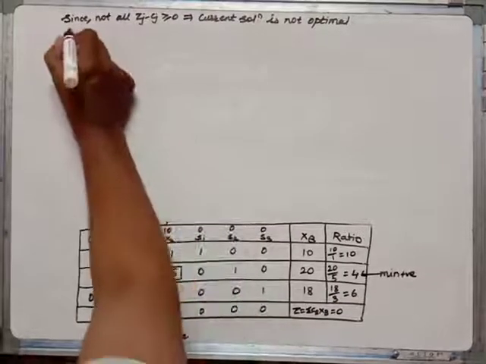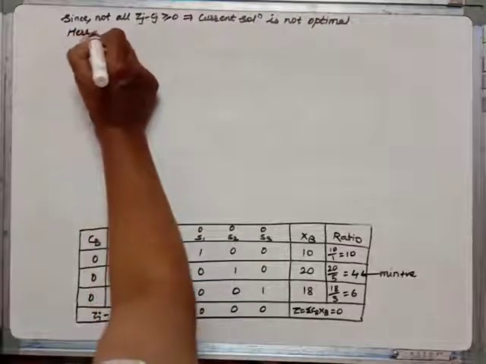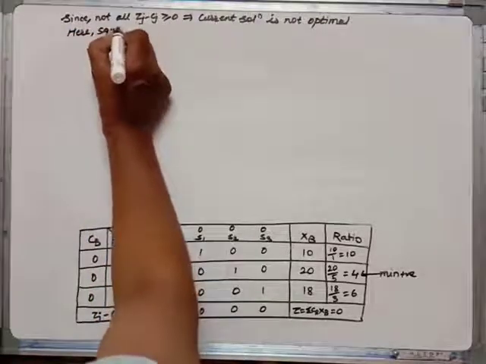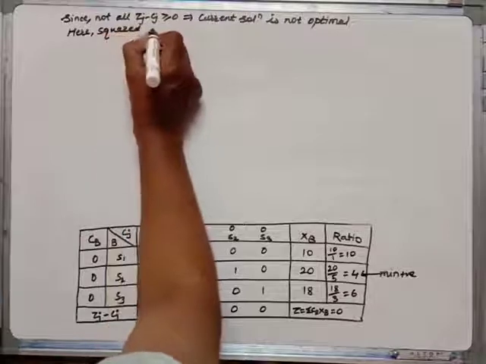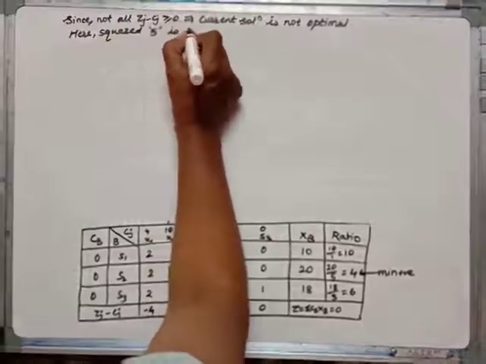So I must write here, squared 5 is a pivot element.